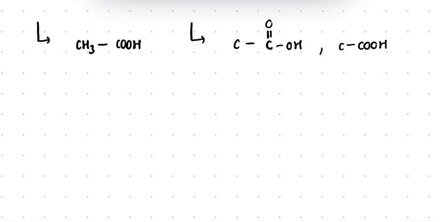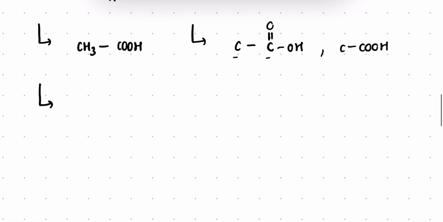Now, for a bond line formula, we just have to show everything. So there are 2 carbons here, which means the 2 ends would be sufficient. So yeah, you could do this. And then at the other end, there's an OOH group, right? So you could do this.